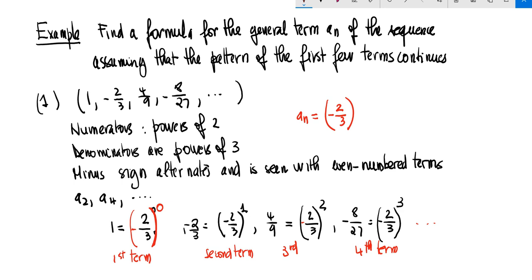So it's always 1 less than the index of the sequence, so it will be power n minus 1. So generally we have that the nth term of our sequence is that. Take your time to check that you follow this discussion and that you can recreate it on your own.